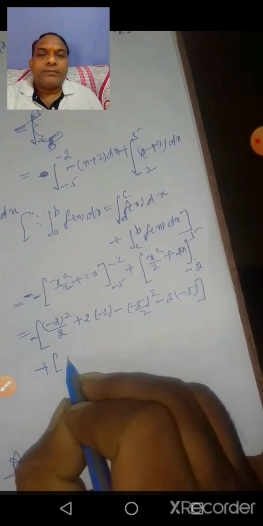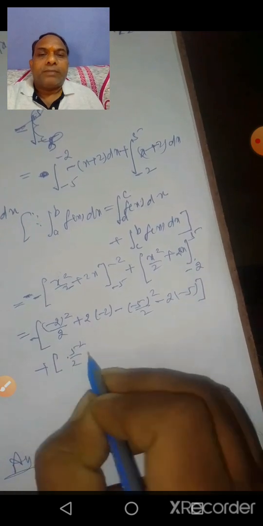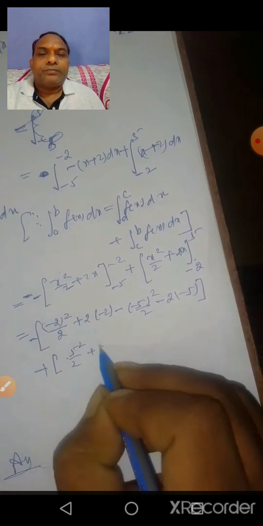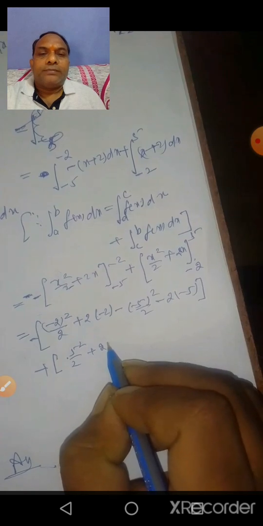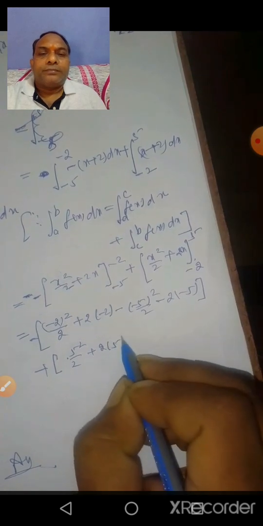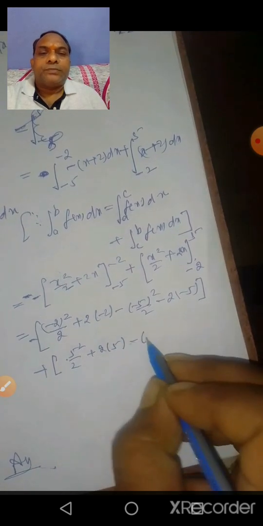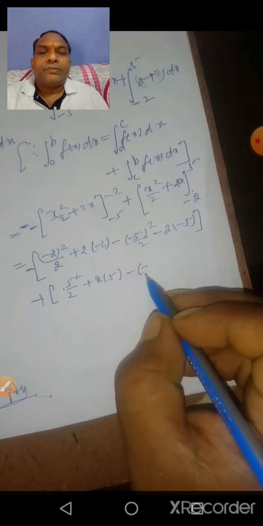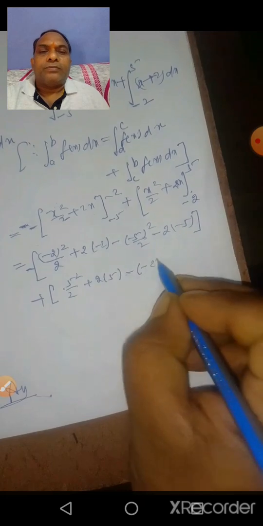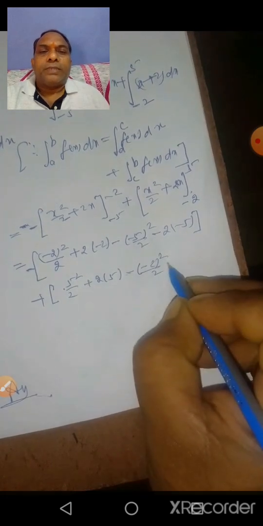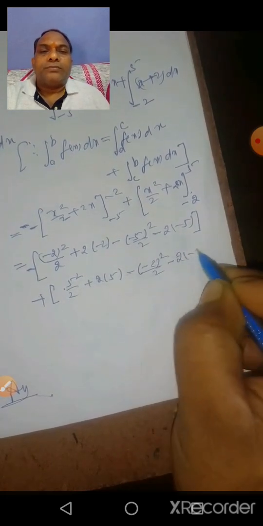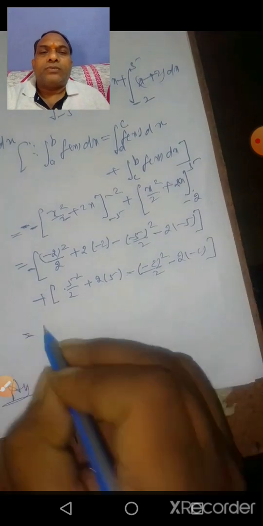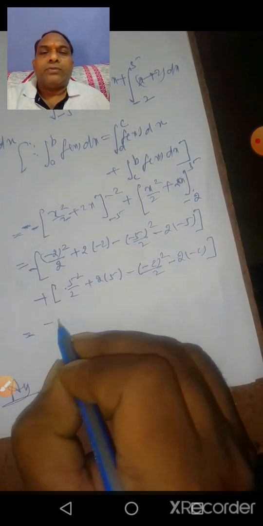Plus, apply again the limit: 2 into 5 minus, now apply lower limit, minus 2 square upon 2 plus 2 into minus 2, sorry, minus 2 into minus 2. Now solve.